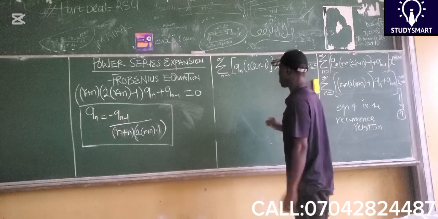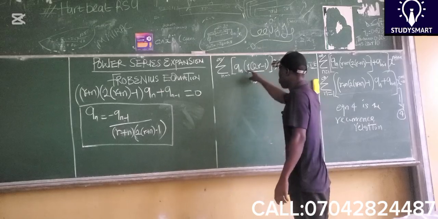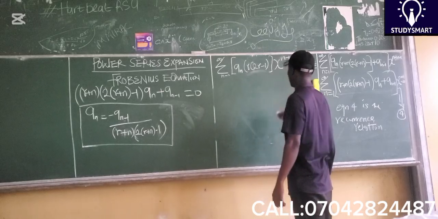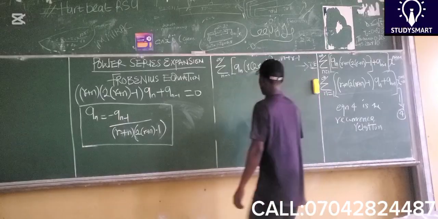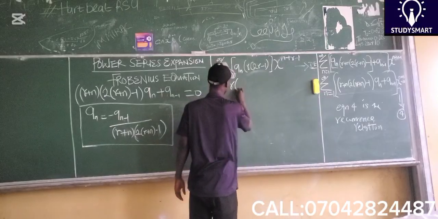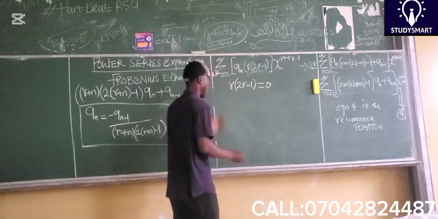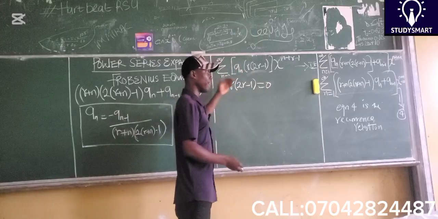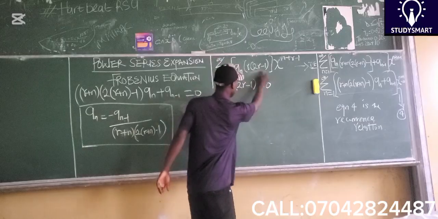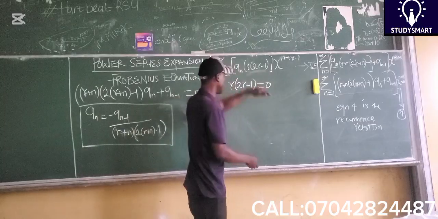What I just need from the initial equation is this. So I'm going to pull it out, then equate it to 0. So this becomes r into (2r minus 1), equated to 0.